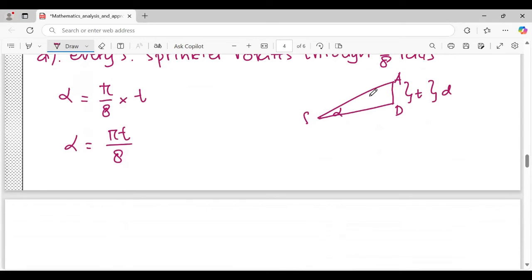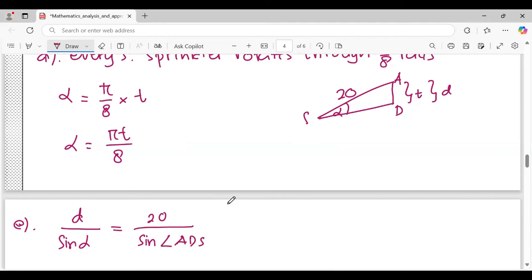Based on this triangle, and according to the sine rule, we can state that on this triangle, this is 20 meters, that d over sine alpha equals 20 over sine of angle ADS.